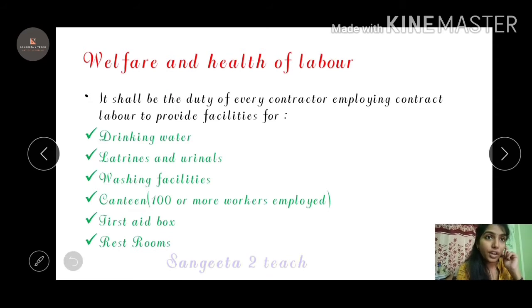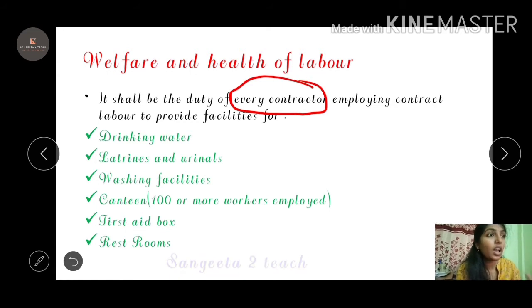Coming to the welfare and health of the labor. See, you are contracting the laborers, and it is your duty to provide some kind of facilities for those contract laborers, right? So it is the duty of whom? It is the duty of every contractor, because he is the person who is employing the people into his contract. So he has the duty to provide them some facilities.